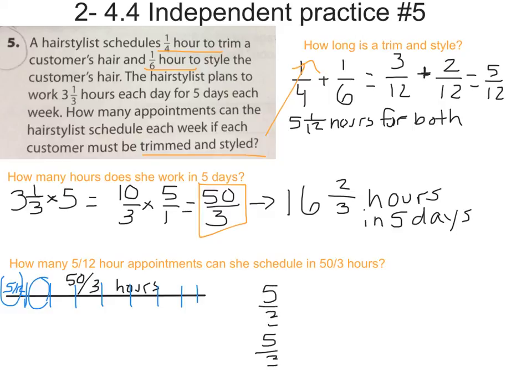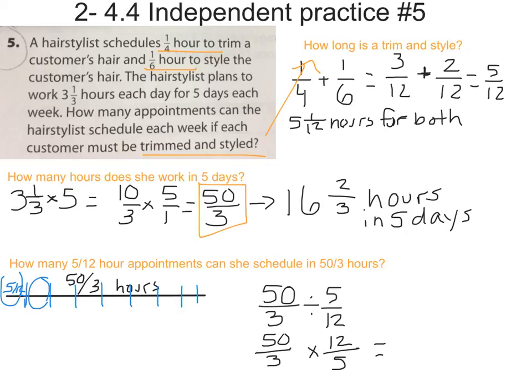So since we're trying to find how many groups there are, that means that we are going to be dividing. So if we look at this, we are going to see that it is 50 thirds divided by the 5/12 appointments, and we know that that's the same as multiplying by the reciprocal. So instead of dividing, we're multiplying, and the reciprocal of 5/12 is 12/5.